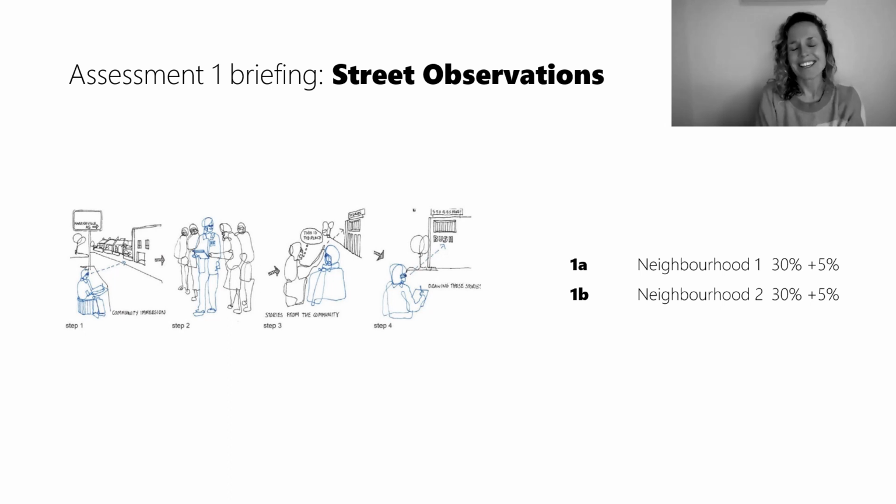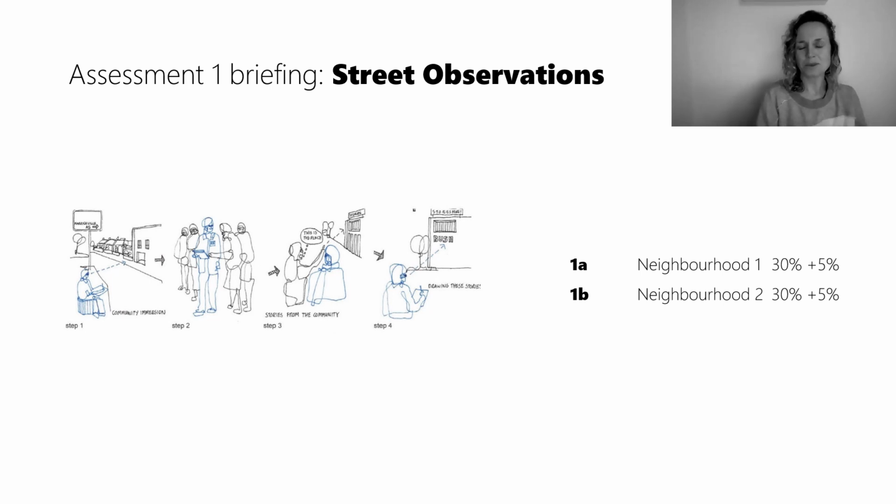Hello everyone. This lecture is going to be a briefing discussion of our Assessment 1 Street Observations project. The broad goal of the street observations is to explore, map and analyse specific patterns of community-led or bottom-up street life in 2 neighbourhood case study locations.